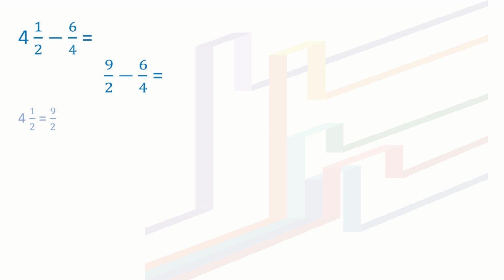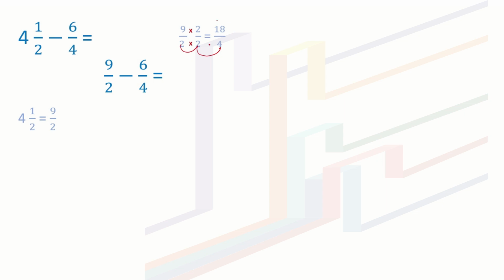And now it is much more convenient because we are working just with improper fractions. Then, what is the next step? You're right, we want to have common denominators. This time it is pretty simple. As we can tell, 2 is a factor of 4, so we just have to multiply by 2 and we will convert it into 4.